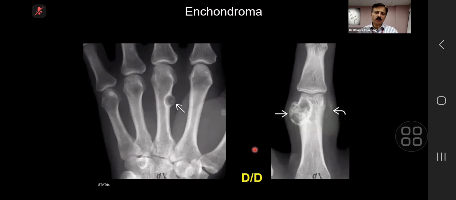One special type of enchondroma, which I'm showing you here, and then I'll show you the exam cases. But if you have this concept, only then you will understand what happens. This is a type of enchondroma which is known as enchondroma protuberans. So it arises from the cortex and it can grow outwards.